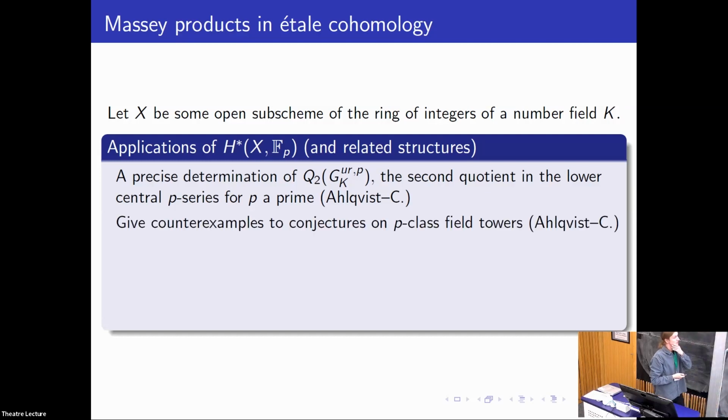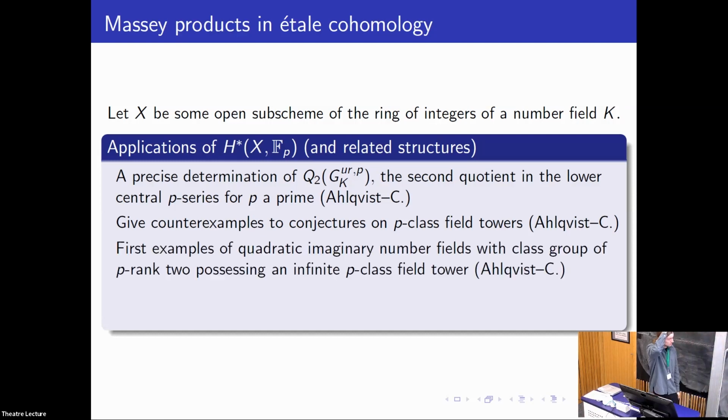What more can you do with this structure? You can give counterexamples to some conjectures on p-class field towers. You can give examples of imaginary quadratic number fields whose class group has p-rank 2, and such that these fields have an infinite p-class field tower.